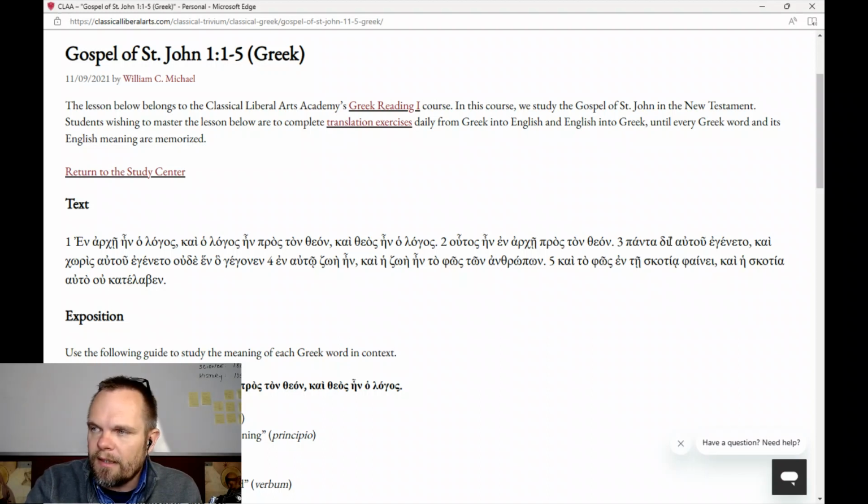So dia is abbreviated to D, and then we have alpha upsilon, which forms another diphthong. So even though we have two vowels, we're going to read them as one syllable. Alpha upsilon with no breathing. You see the soft breathing mark. So we're going to read that as ow.